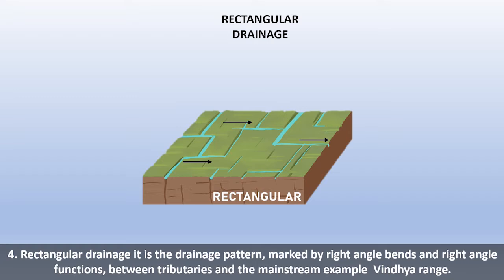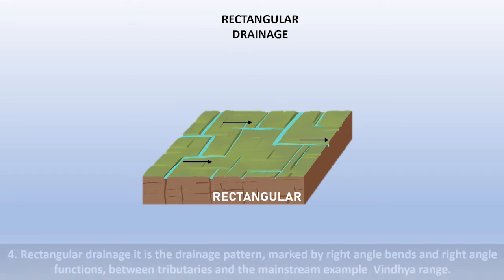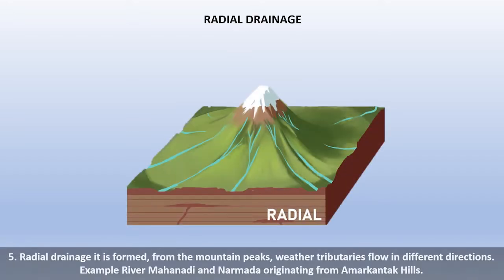The fifth kind of pattern observed is radial drainage. It is observed to be formed near the mountain peaks, where the tributaries are observed to flow in the same direction. An example of this kind of drainage is the rivers Mahanadi and Narmada, which originate from the Amarkantak hills.